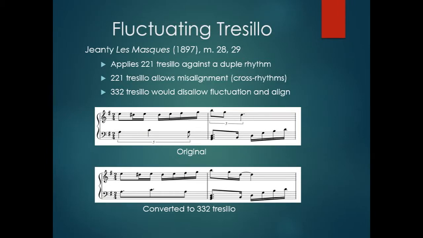Here in this example by Gentil from Le Masque, he uses the 2-2-1 tresillo, and you'll see that the second and third beats misalign, whereas if I converted this passage to a 3-3-2 tresillo in the bottom, you'll see that this has an alignment.